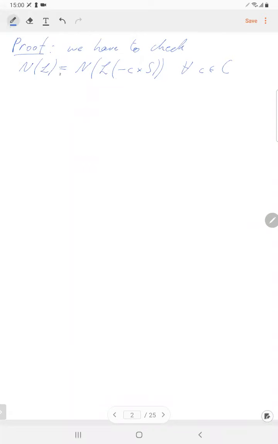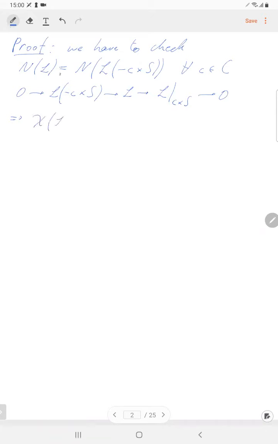So let's consider short exact sequence. Here we restrict our line bundle to the horizontal divisor like this, and then we obtain equation for Euler characteristics.